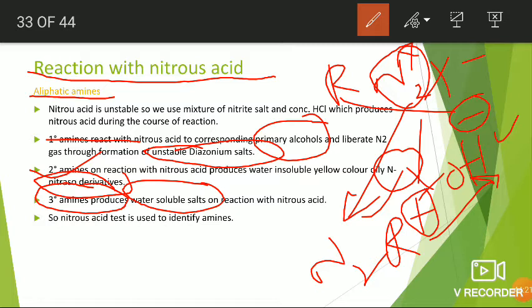So based on these three reactions, we can differentiate primary, secondary, and tertiary amines. So the nitrous acid test is generally used to identify amines. This is all about the reaction of aliphatic amines with nitrous acid.